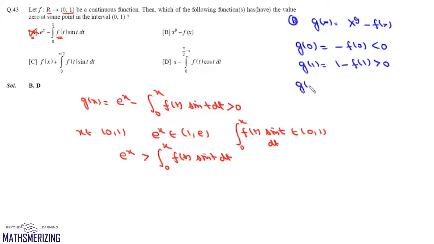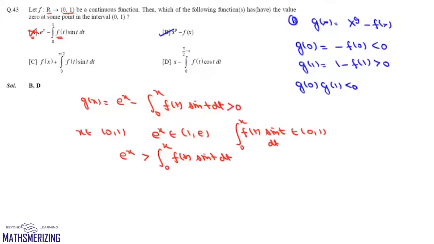So from here we can say g(0) into g(1) is less than 0, and thus from Bolzano's theorem we can say there exists a point c in the interval (0, 1) where g(c) is 0. So that means this function will have a value 0 at some point in the interval.